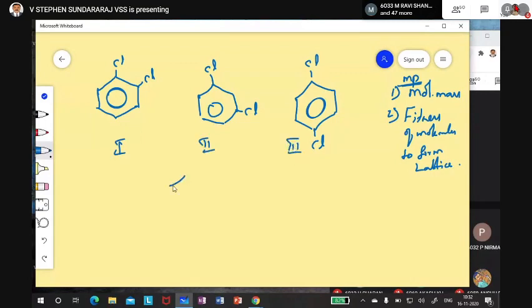You arrange them in increasing melting point order. No doubt the highest melting point will be for these isomers; molecular mass cannot be used. So the highest one, I am writing here, is the third. The second highest is the first, and then the second is the least.